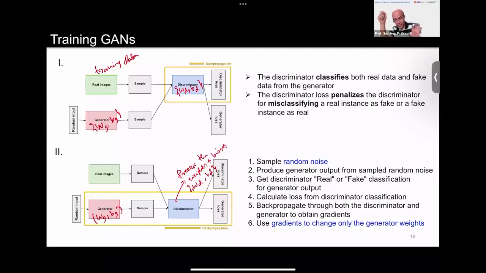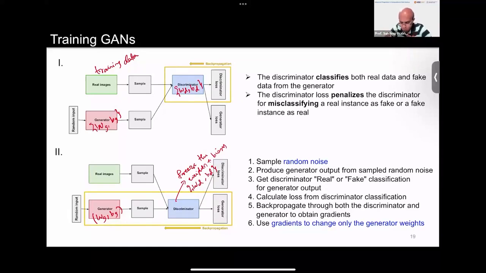Okay, so again, let's take a look at how this works in practice. Phase 1, we have a bunch of training data samples. For example, we are looking at MNIST data, 70,000 images, which are the training data. You sample, say, 16 images from MNIST and 16 outputs of the generator.